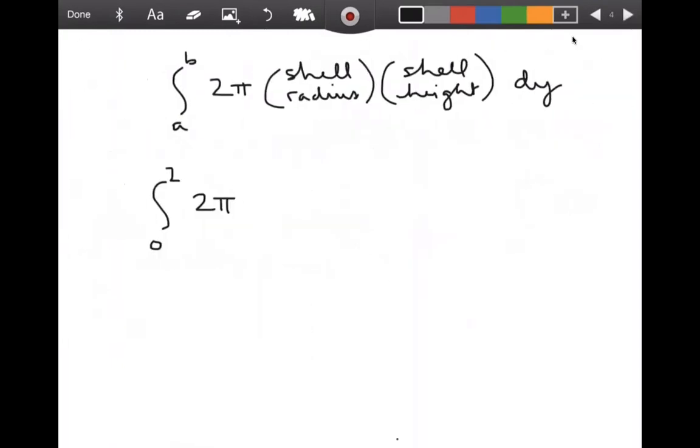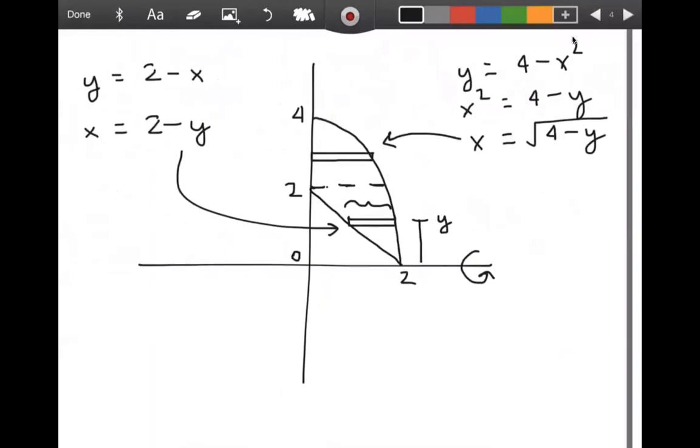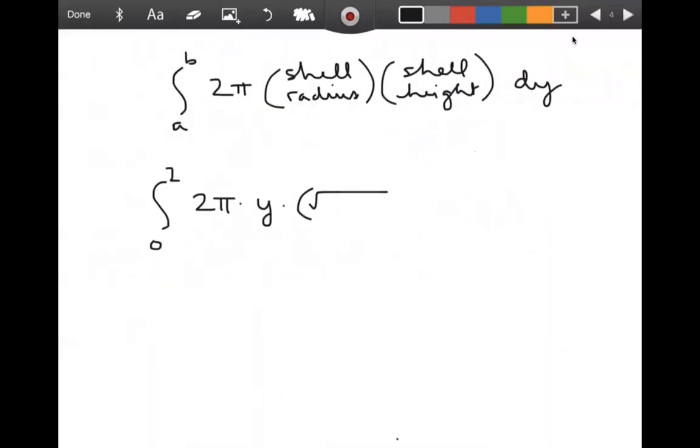So it's going to look like this: 2 pi times y, which is the radius, times the height, which is the right curve. The right curve was the parabola, so that's the square root of 4 minus y, minus the left curve, which is 2 minus y. Be sure to put that 2 minus y in parentheses. Okay. And that integral is going to give me the volume generated by the bottom part of the region.